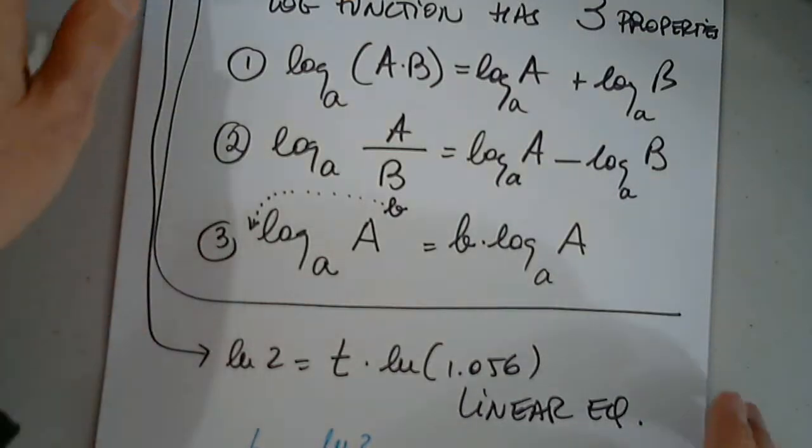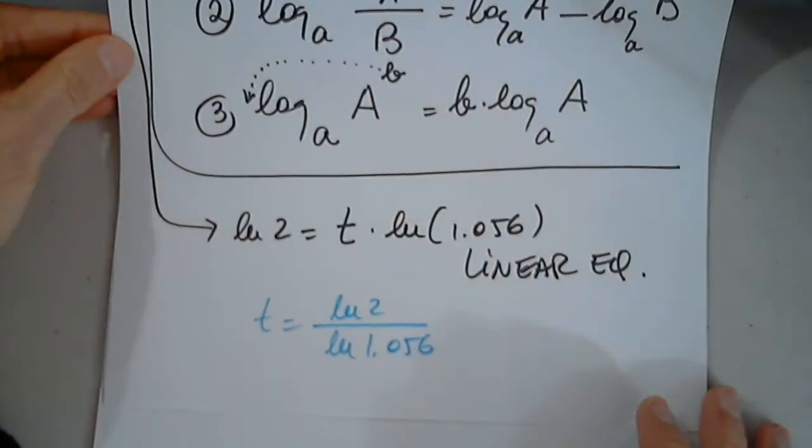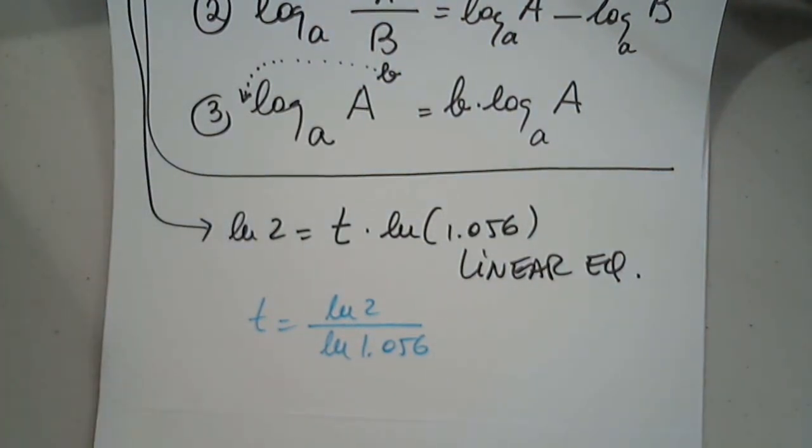So that's how we enter this in the graphing calculator. So let me share my screen. We have natural log 2 divided by natural log of 1.056. So 12.72.